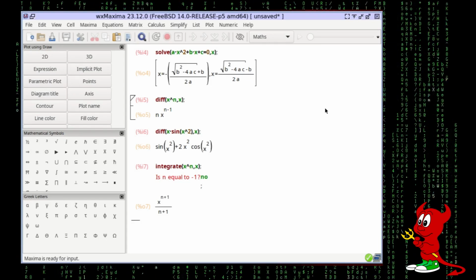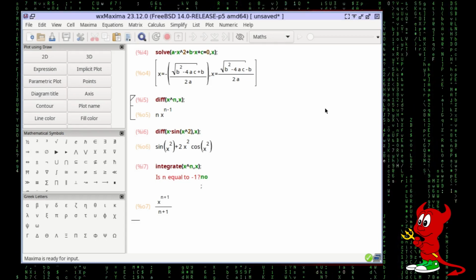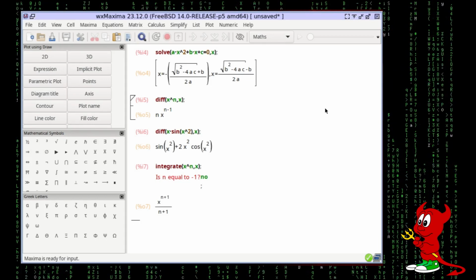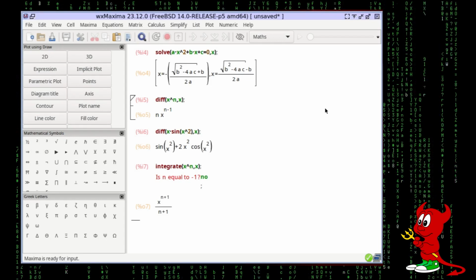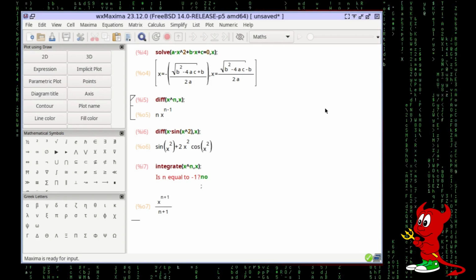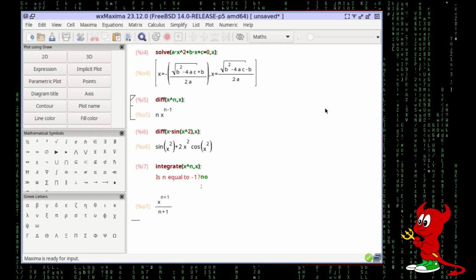Now let's do a little bit more of a complicated computation. Let's try to demonstrate that the perimeter of a circle is 2 times pi times the radius.